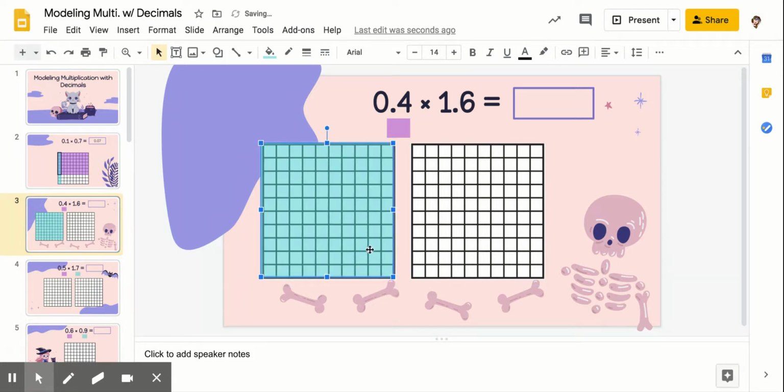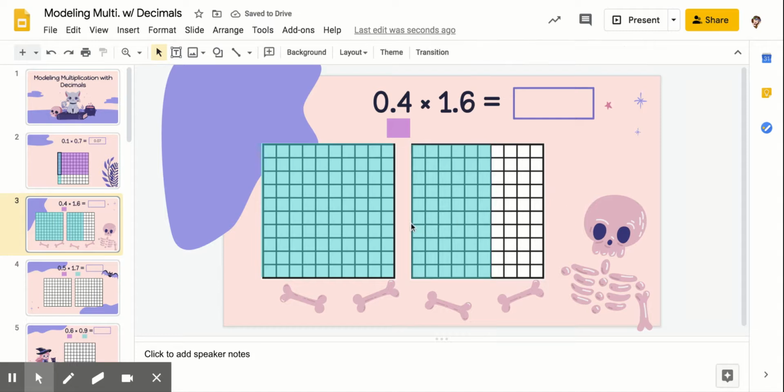Then I need to copy it, paste it, and add those extra 6/10 onto the other side. 6/10 would be 6 columns, 60 hundredths, which would be right there. So this is 1 6/10 completely full.